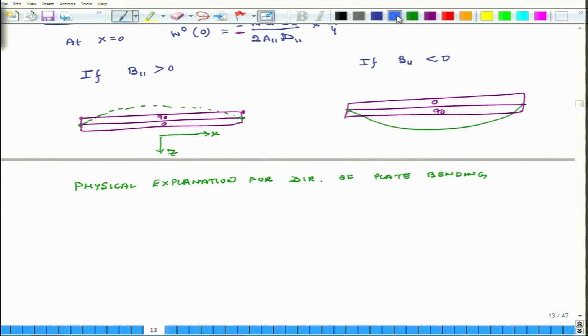In both the cases, we note that bending is more on or in the 90-degree ply, right? It is more in the 90-degree ply.